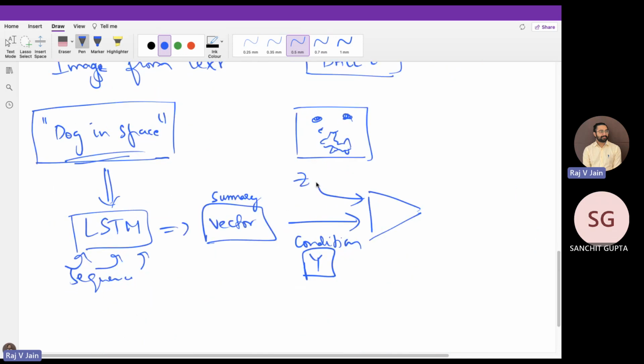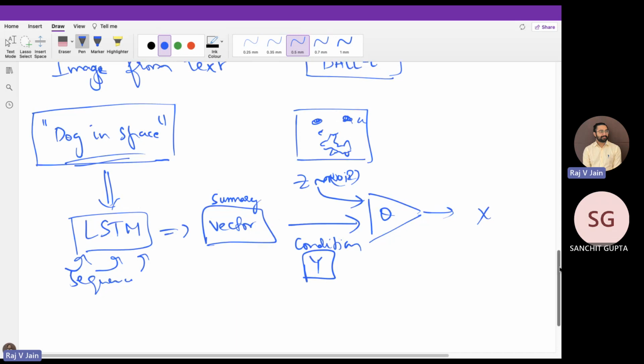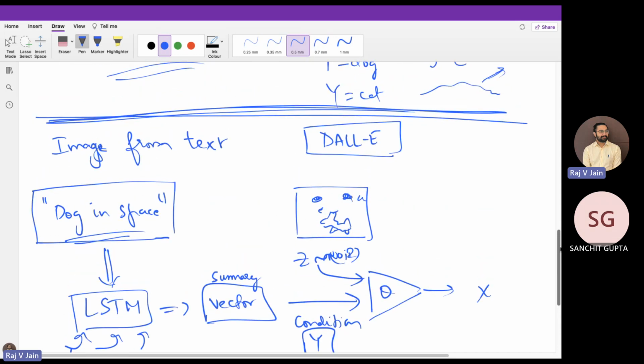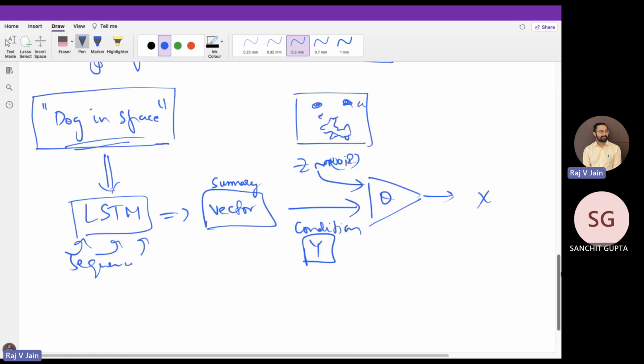So you take z from N(0, I), and this becomes a condition to this decoder theta that generates this image. A different z would give you this dog playing somewhere else, or the interpretation of space changes, and so on. This is where the conditional generation use case comes into play.